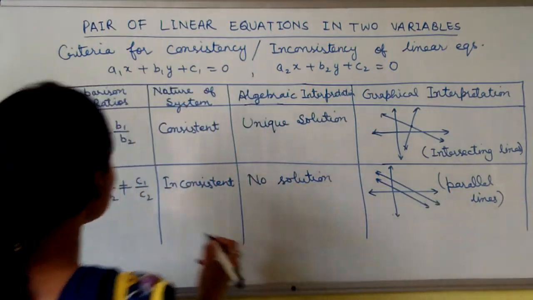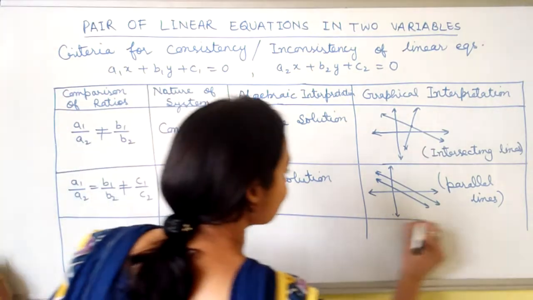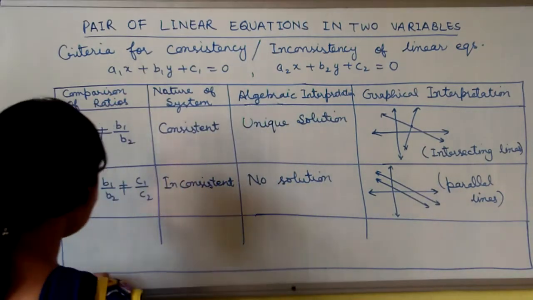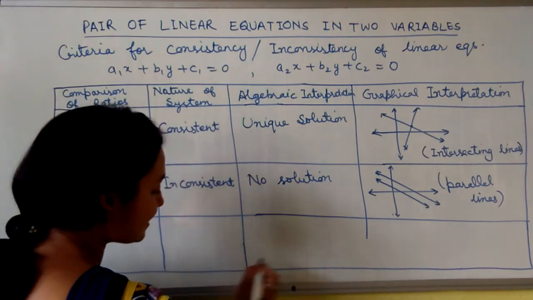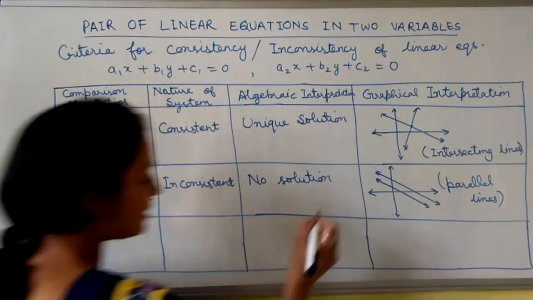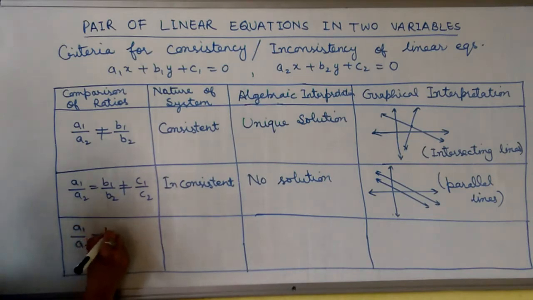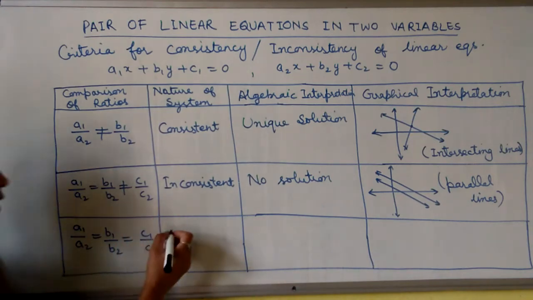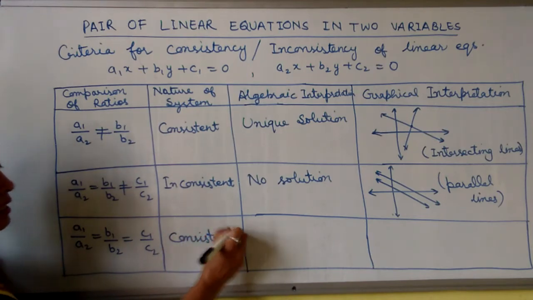Now come to the third part. What is the third condition of a system of equations? That is very simple. If a1 upon a2 is equals to b1 upon b2 equals to c1 upon c2, so what will happen? This is a consistent system, right?